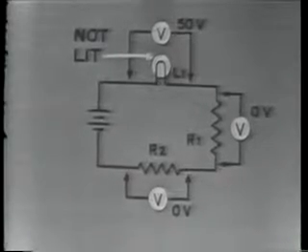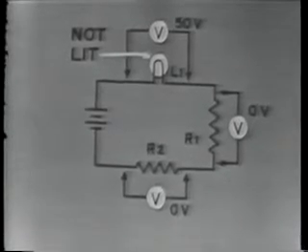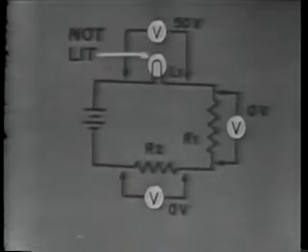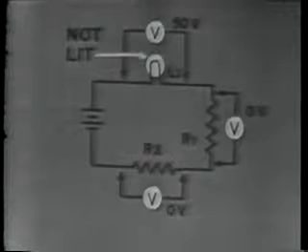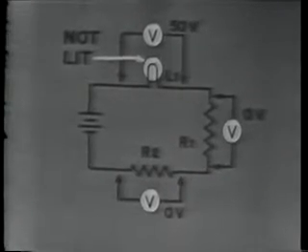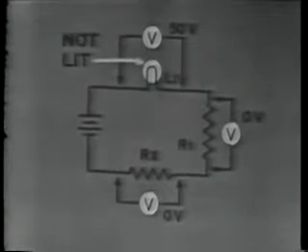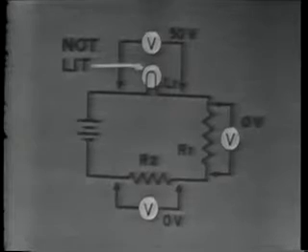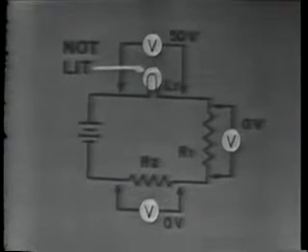Remember, an open in a series circuit stops current flow. With no current in this circuit, there could not be any voltage drop across R1 and R2. Then an open could cause no voltage across these resistors.